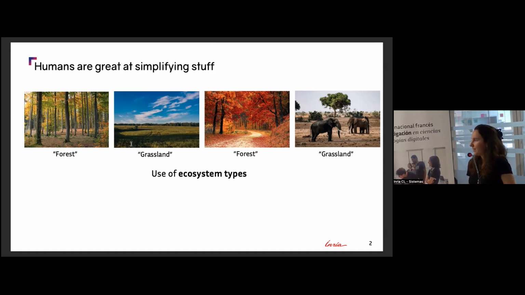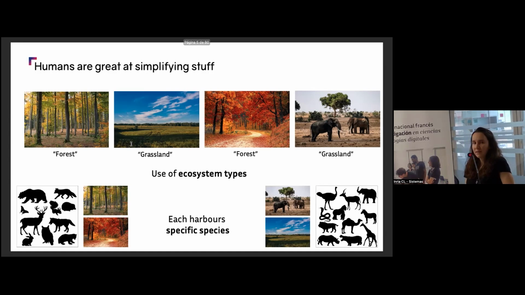Those would be the ecosystem types that we use to label the pictures. We recognize these ecosystem types because of the species, the animals, the vegetation that we see in the picture. So the trees for the forest, some animals for the grassland. Each of these ecosystems harbors specific species. So for large-scale ecosystems, it's quite easy to classify.